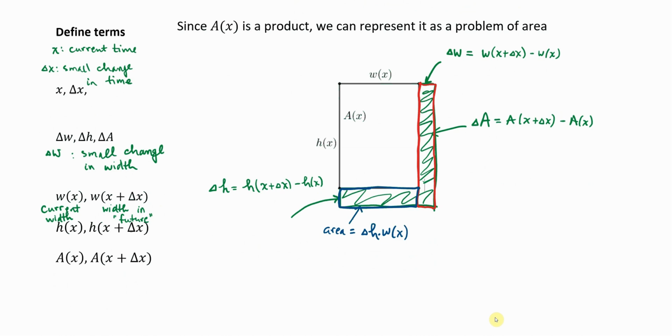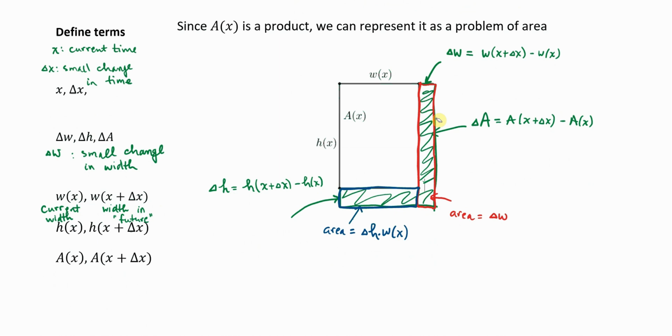And now for the red rectangle, this area right here has this dimension delta W, multiplied by this whole length right here.